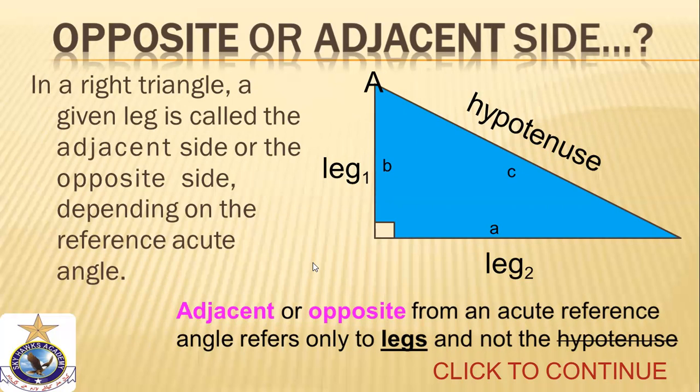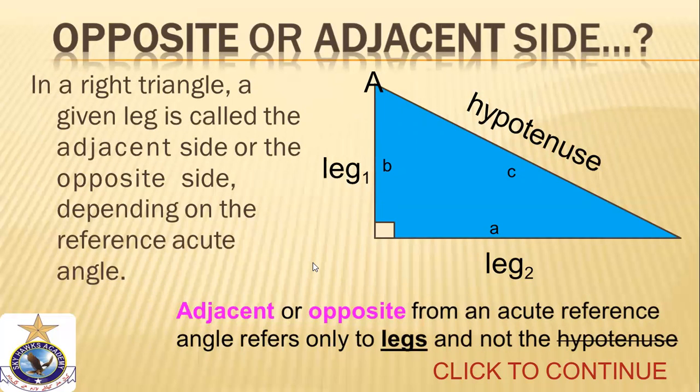Adjacent and opposite side cannot be the hypotenuse. We have only the two choices, leg one and leg two. So leg one is opposite to which angle? Leg one is opposite to A. Look at the figure.